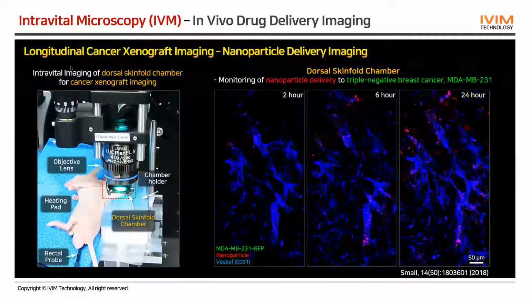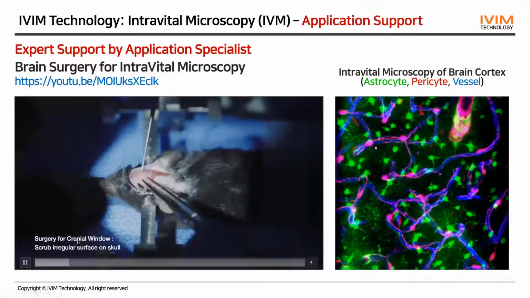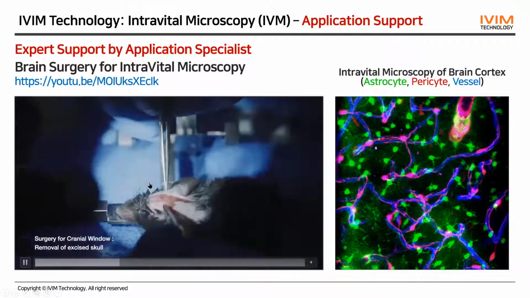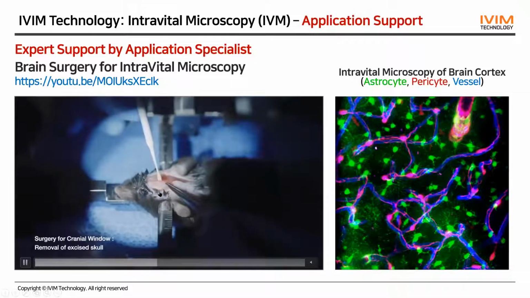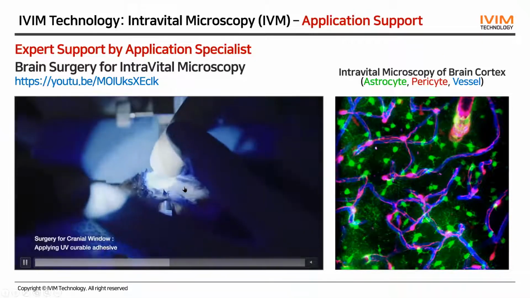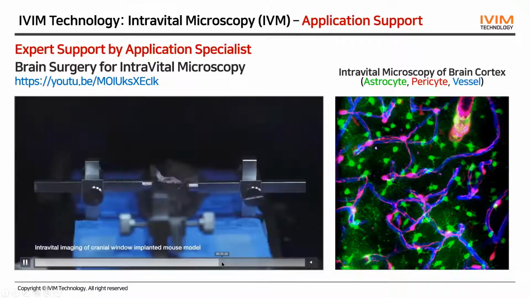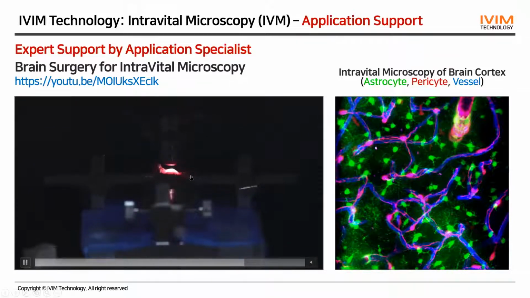And this is the surgical procedure for the brain imaging. So this is a very well established cranial window surgery model. So a small portion of the skull was removed, and then replaced with a very small slide cover glass. And then using UV epoxy, we can close the exposed area like this. And then we can image the brain using our microscope.